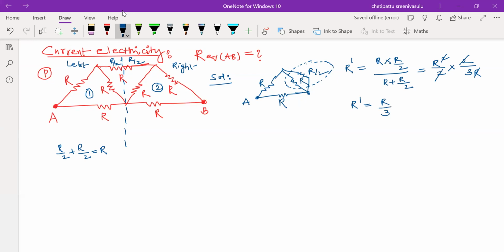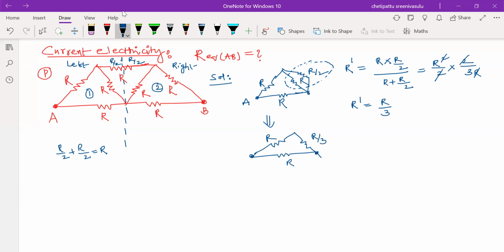Now instead of these two resistors, we can write R by 3. The circuit will be modified like this. This is R, this is R, this will be R by 3.